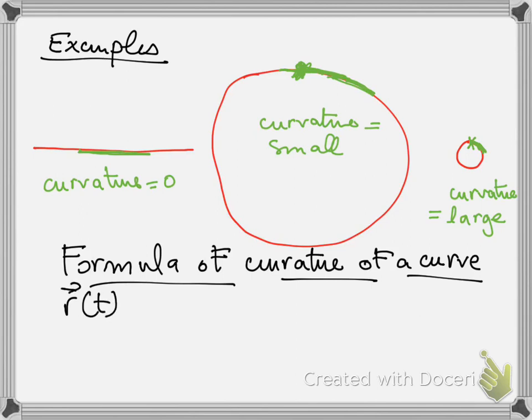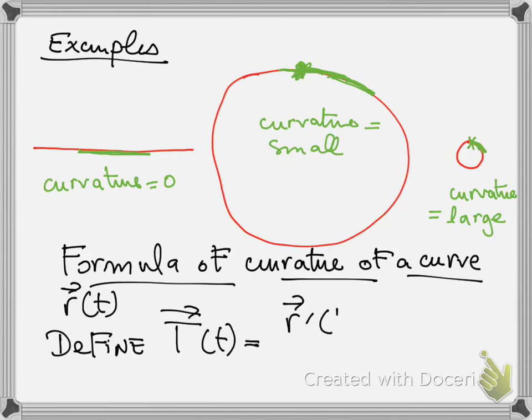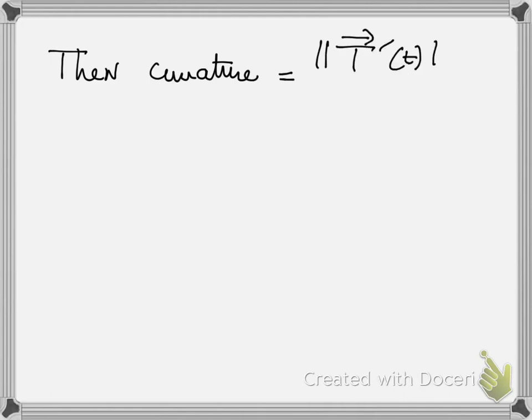Let's define capital T to be r prime of t over the length of r prime of t. Then the curvature is going to be equal to the length of capital T prime of t over the length of r prime of t.